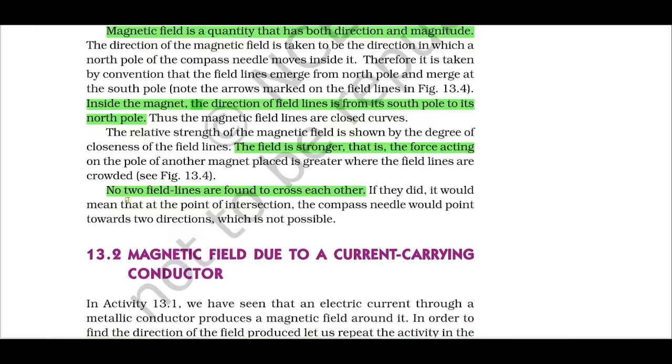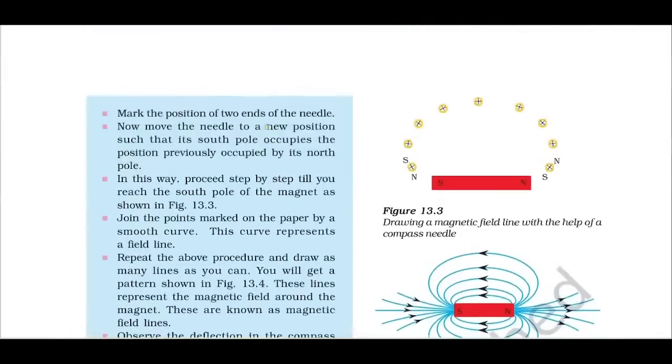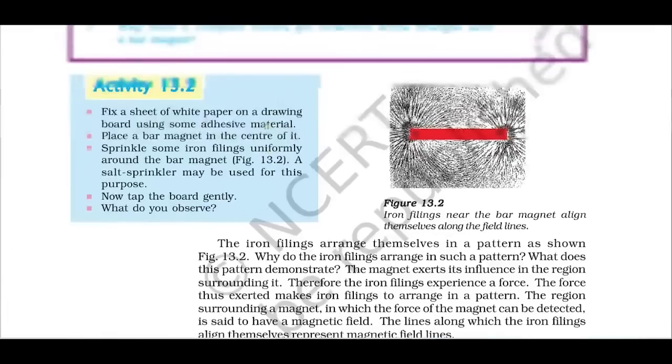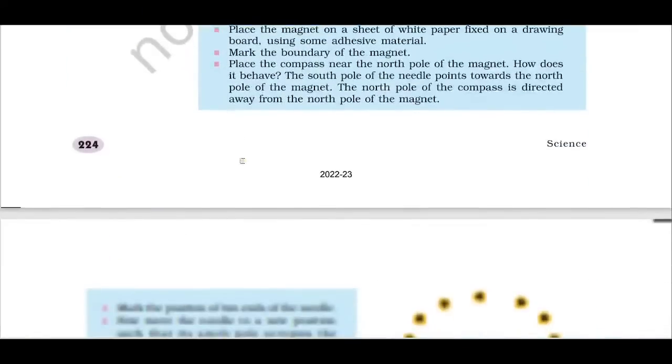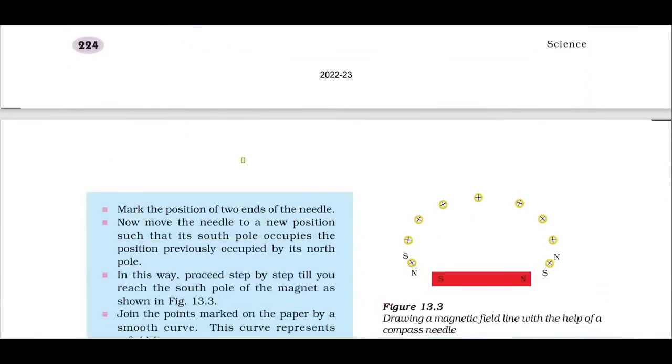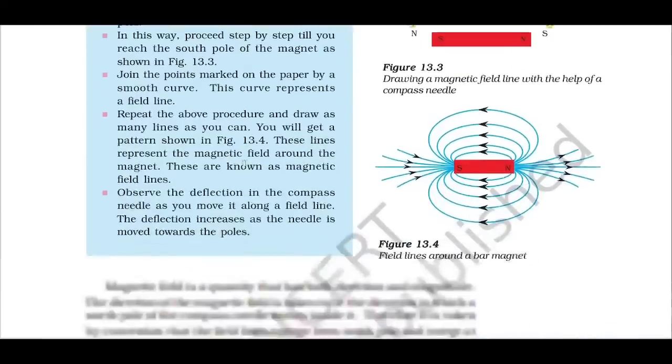If they intersect each other, it would show two directions, which is not at all possible. So these are the important questions based on magnetic field lines: What are the properties of magnetic field lines? The direction of magnetic field lines inside and outside the bar magnet, and also why two magnetic field lines will not intersect.